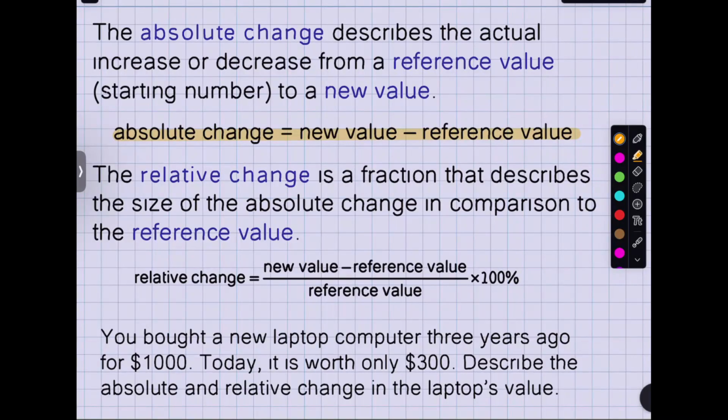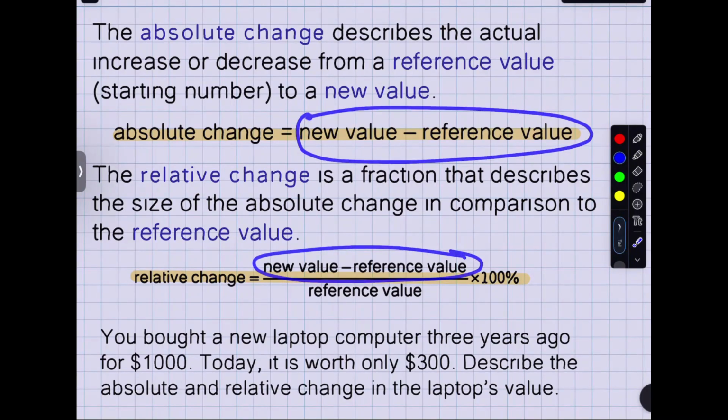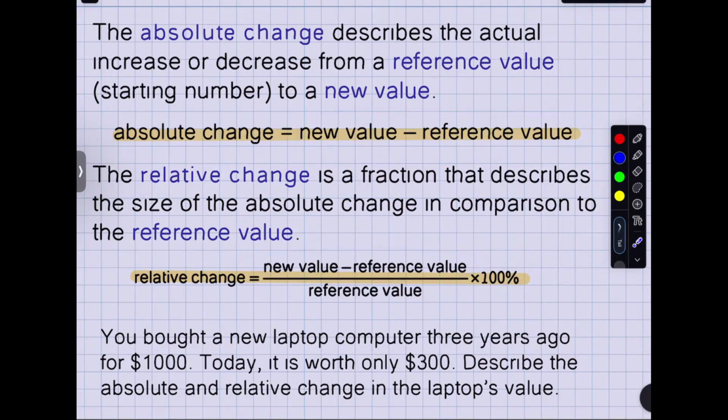And you have an equation down here. Now this is the relative change. It's usually some kind of fraction or percentage. Now, do you guys notice that this top part right here is the absolute change? Okay.